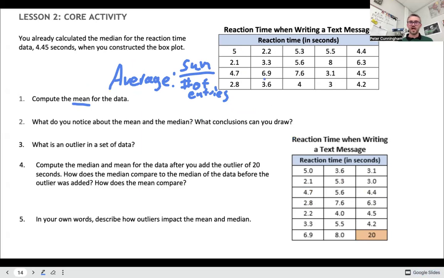Okay, so I can see that there are 20 pieces of data here. So what am I going to divide by? 20. So I'm grabbing my calculator.